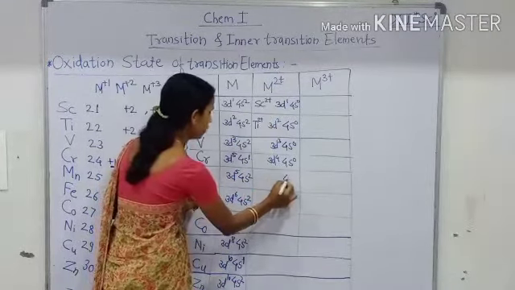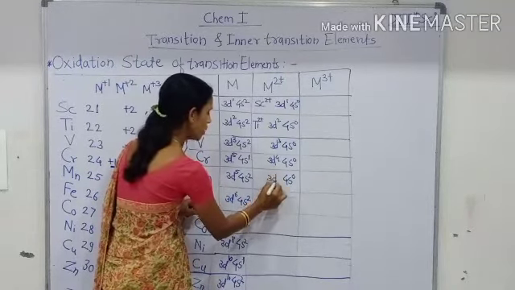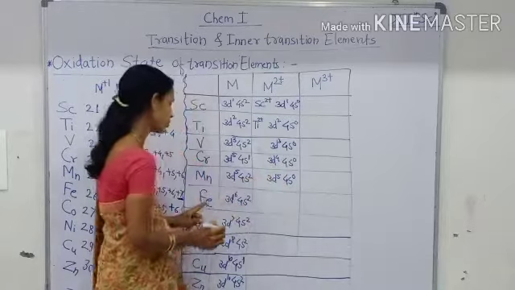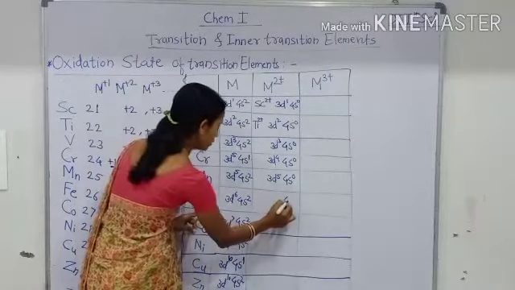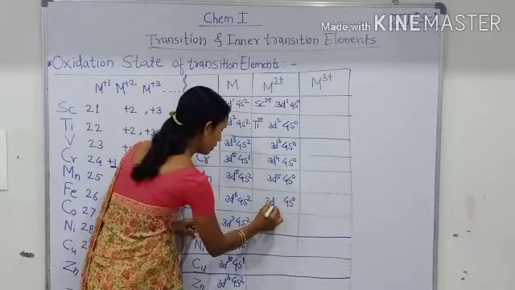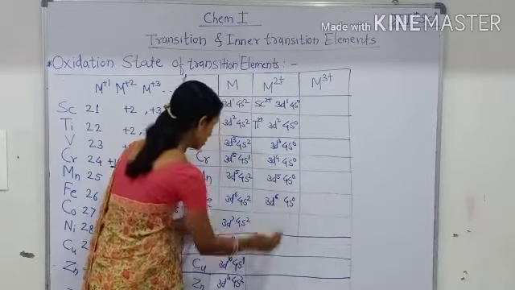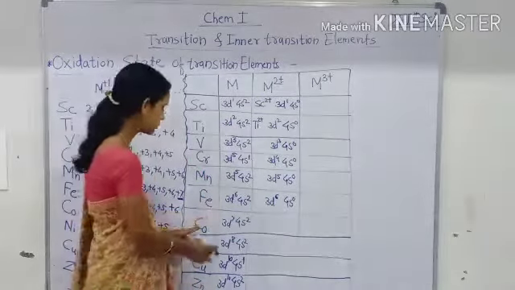Manganese has electronic configuration 4s0, 3d5 in the M2 plus oxidation state. Iron, 4s0, 3d6 for the Fe2 plus oxidation state.